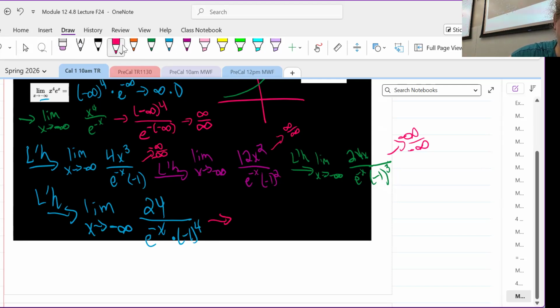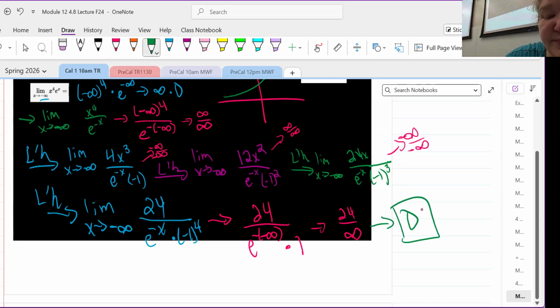All right, now when I substitute that negative infinity, the top stays 24. The bottom, e to the negative infinity times negative 1 to the 4th, which is positive 1. So my negative infinity becomes positive infinity. So we get infinity on the bottom. So we have a constant divided by infinity.